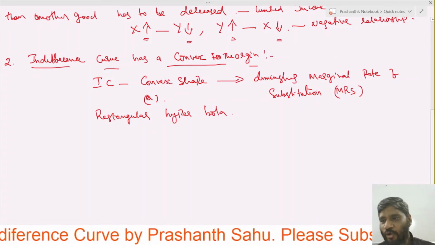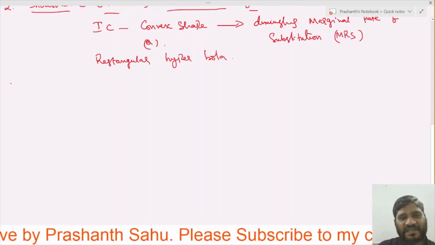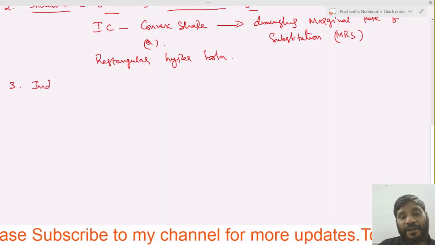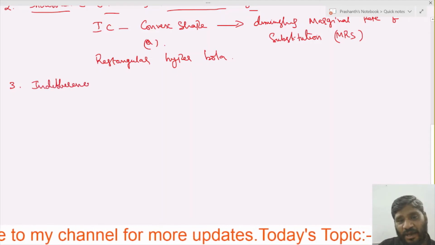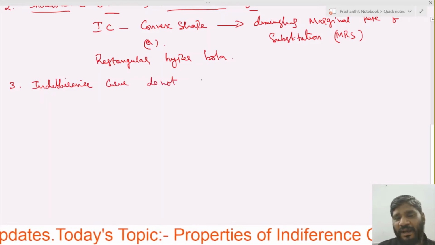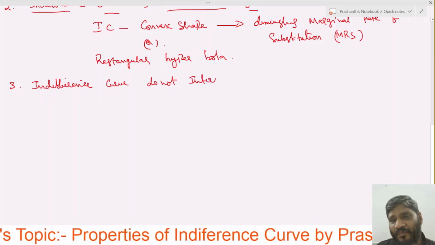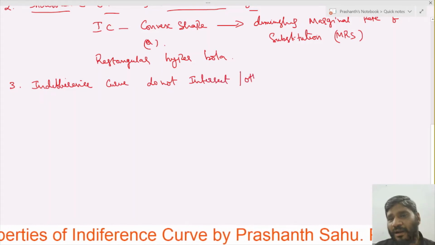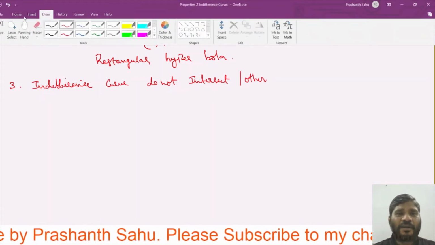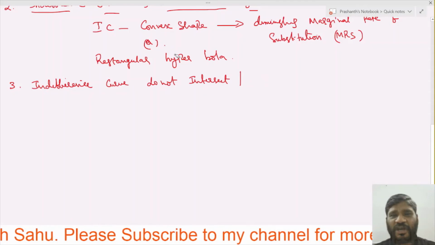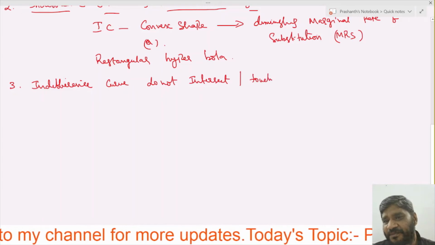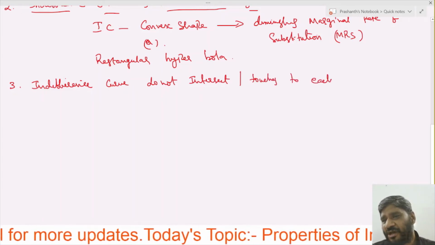This is number two. Okay, next we will discuss number three. Indifference curves do not intersect or touch each other.